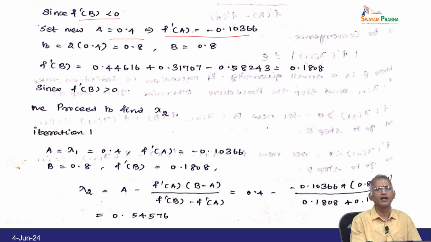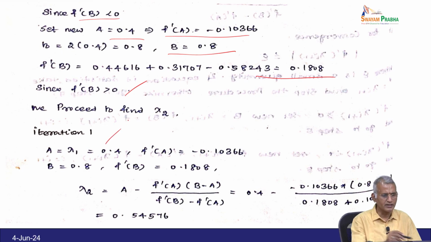So f dash of A equal to minus 0.10366. Here next step size is 2 into t naught, that is 0.8. Therefore, B equal to 0.8. Substituting lambda equal to B, f dash of B equal to 0.180608. Since f dash of B is positive, we proceed to find lambda 2.